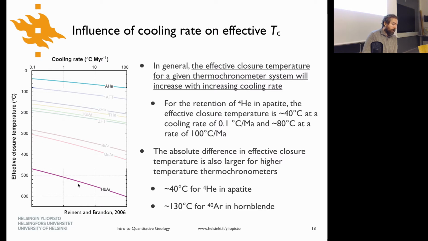You can see that as you go to higher temperatures, you also get a larger range for this effect of the cooling rate. So here you're below 500 degrees for slow cooling, and then for fast cooling, you're at nearly 600 degrees. So the cooling rate will make a big difference. And you'll see that actually in the exercise that we do for this week. You can play around and explore the cooling rate effect.